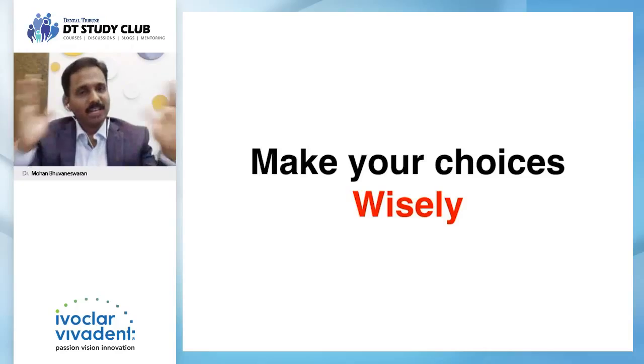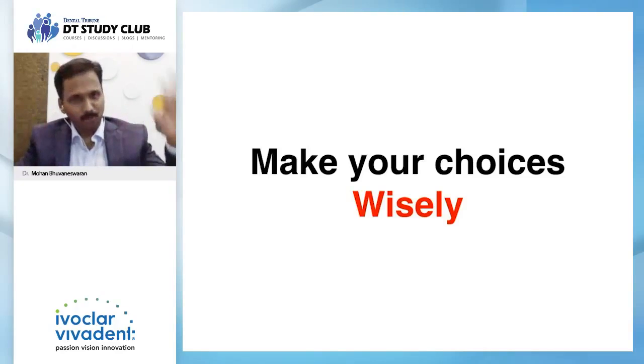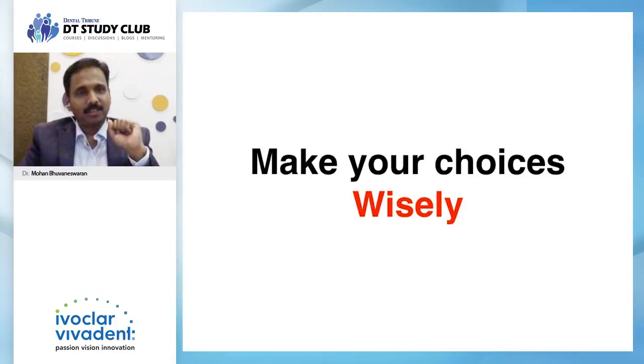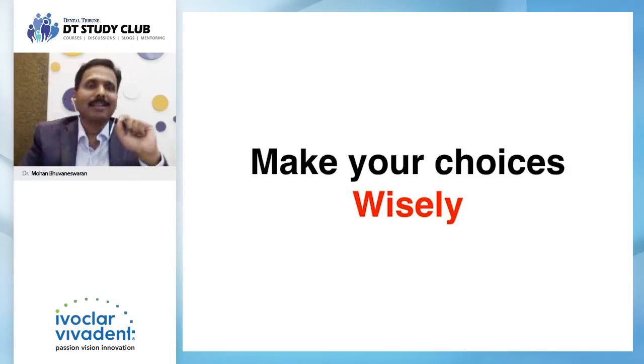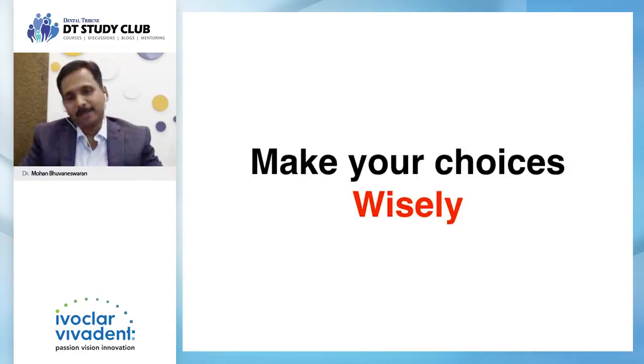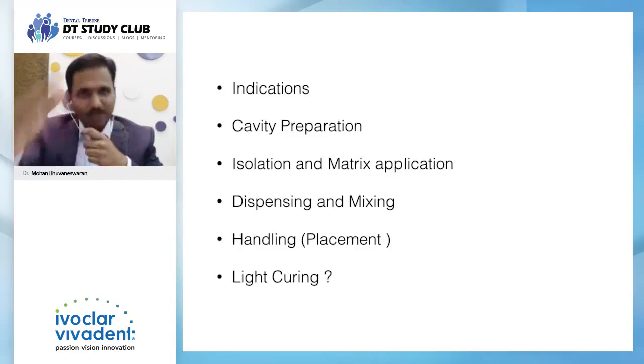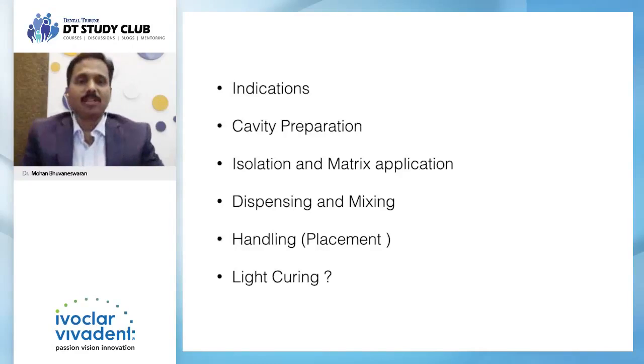You might have an array of products with you, starting from fluoride to pit and fissure sealants, to glass ionomer, to composite, to Cention. To which patient each thing fits in, please understand and make your choices wisely. So going on to the clinical considerations, we have these categories which I would love to discuss.